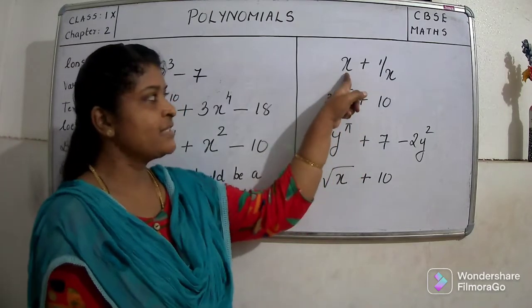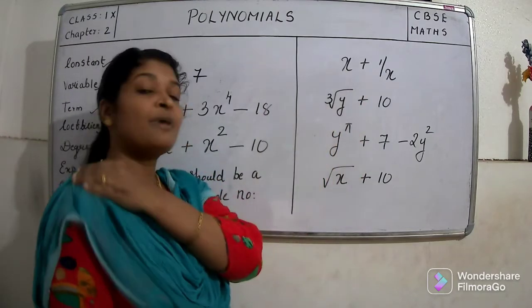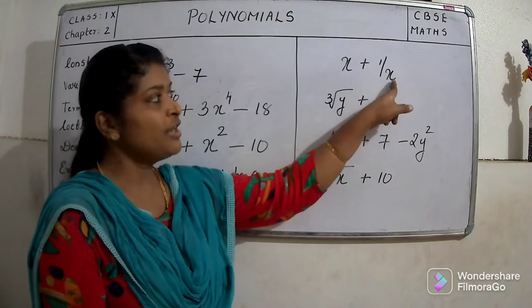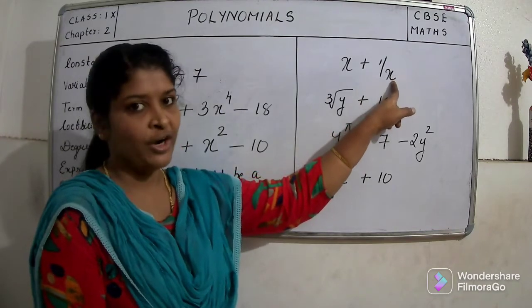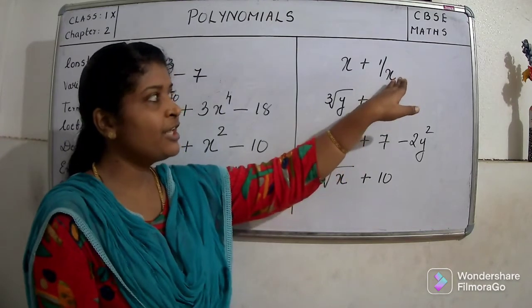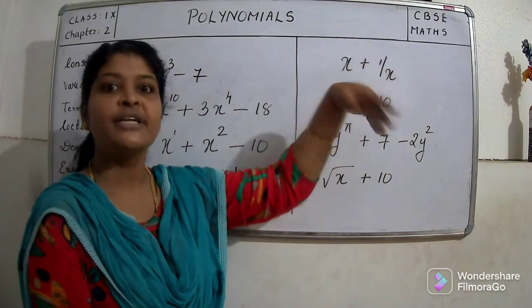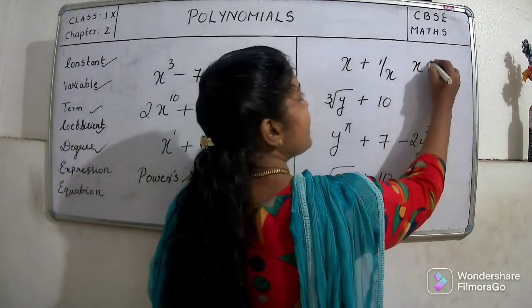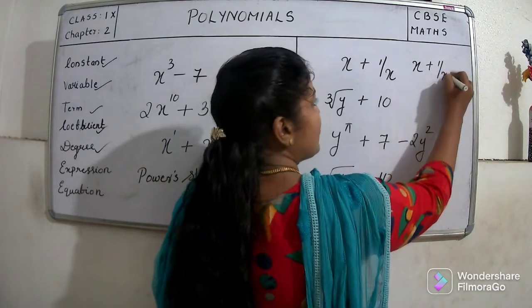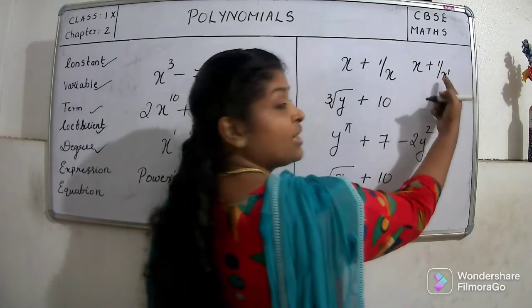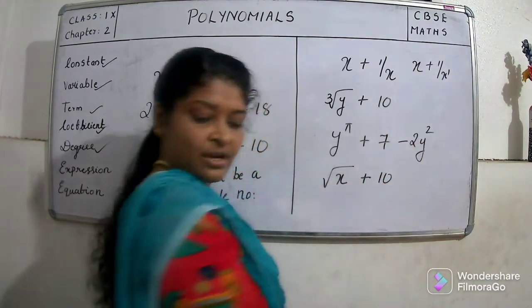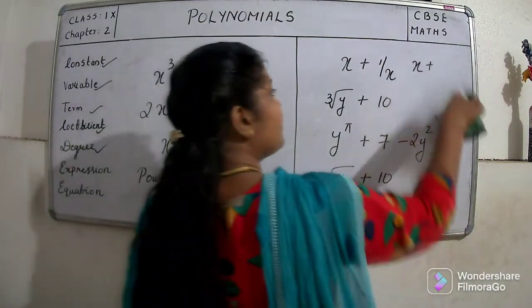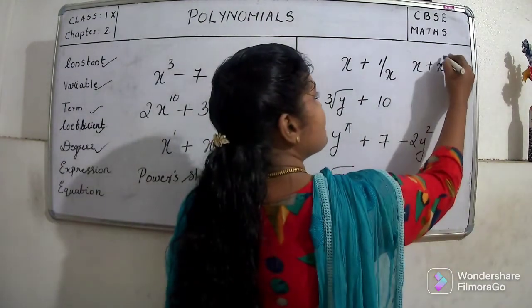Now come to this side. Here x is a variable, and of course its power is 1. But when we take that 1 to the numerator, it becomes negative 1. For example, if we convert x plus 1 by x, the actual way we can write this is x raised to negative 1.